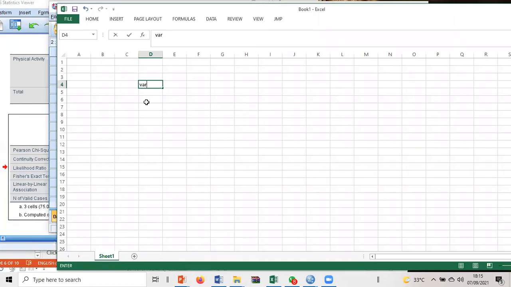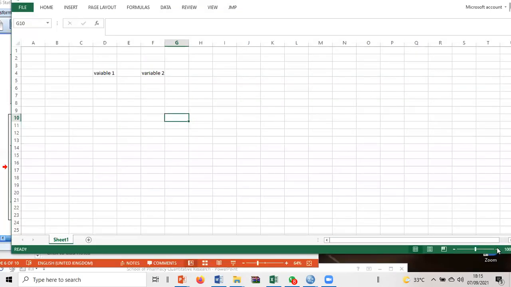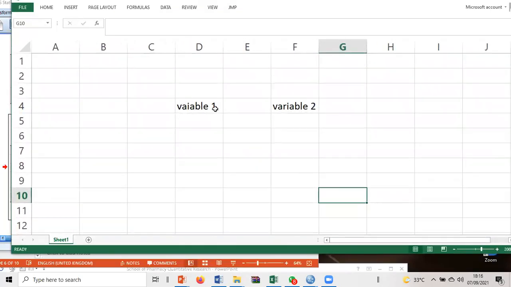Variables. Variable 1, variable 2. All the while, you're talking about two variables only. When these two variables, one is quantitative, the other one's qualitative, quantity and quali.